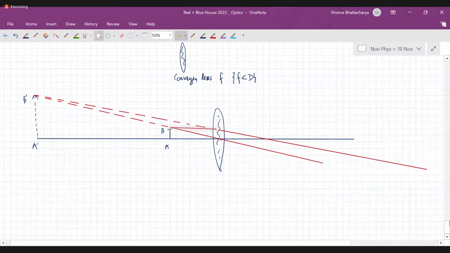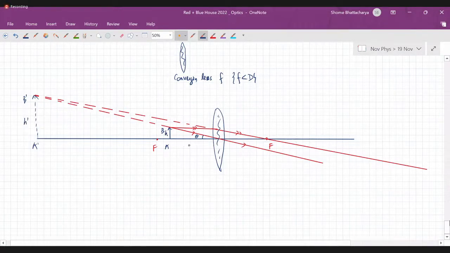This is the ray that goes through the pole undeviated, and this is the ray parallel to the principal axis, so it goes through the focal point. So this is the angular size of the virtual upright image.